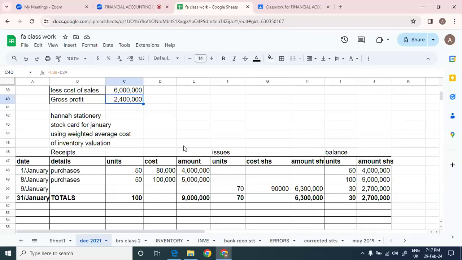Cost is the amount of consideration paid or the fair value of an asset.